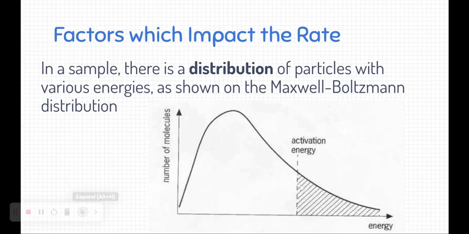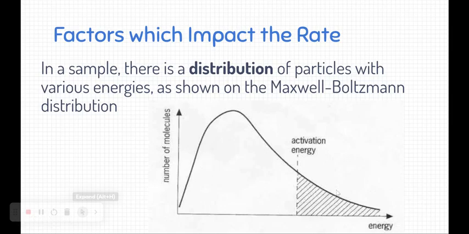The way to interpret this distribution is that the higher the curve, the greater the number of particles at that particular energy. So in this case here, if I observe the highest point on this curve, that's telling me that there's the greatest number of particles with that amount of kinetic energy at that particular temperature.